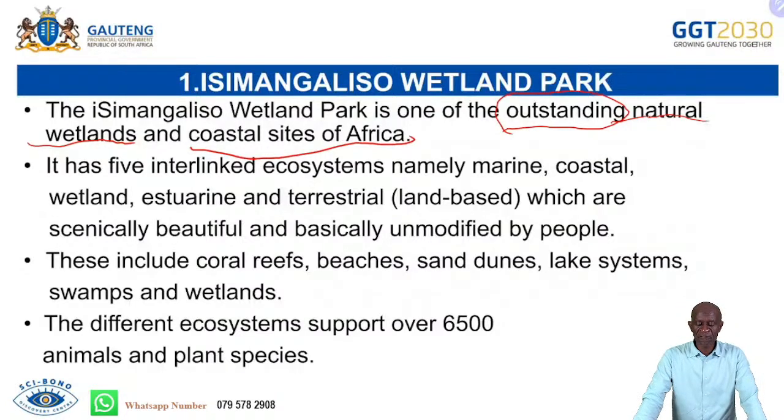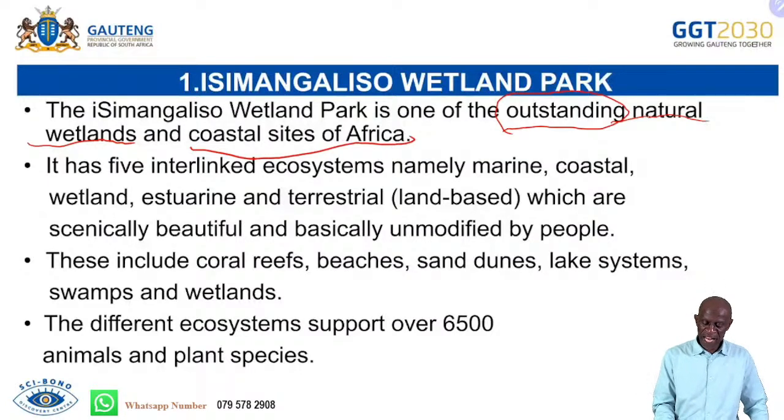It has 5 interlinked ecosystems, which are the marine, the coastal, the wetland, the estuarine, and terrestrial, which suggests it's land-based, which are scenically beautiful and basically unmodified, unchanged by people.